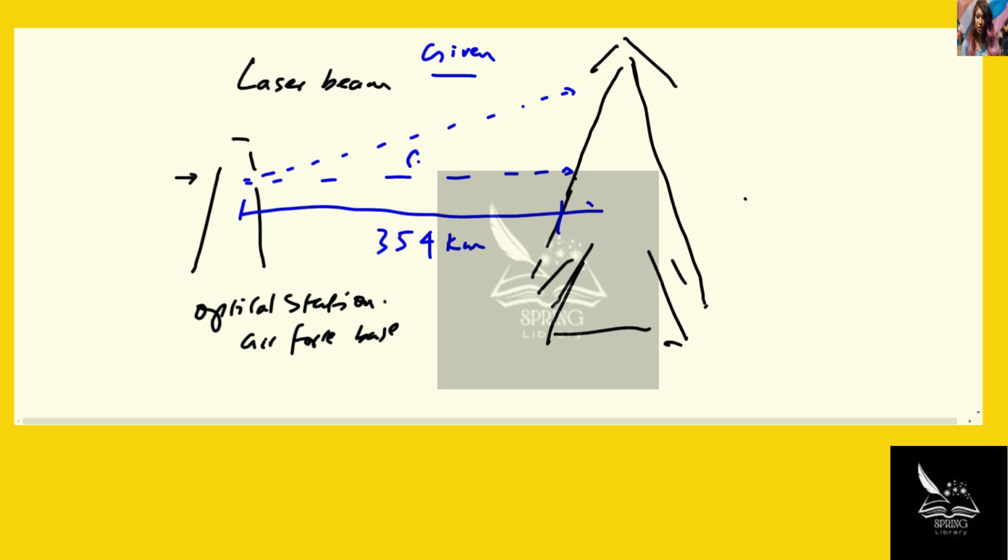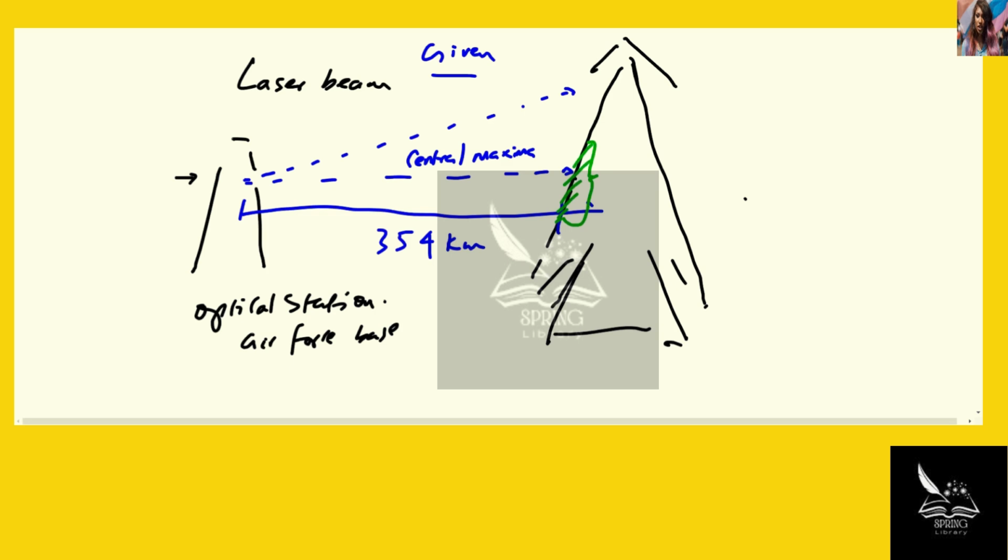If we assume this is the central maxima, there's going to be a diameter. That diameter we're interested in is right here. This is the diameter we're dealing with.